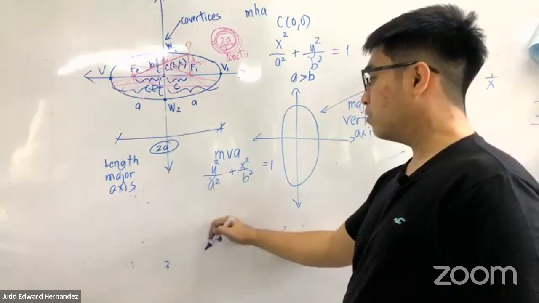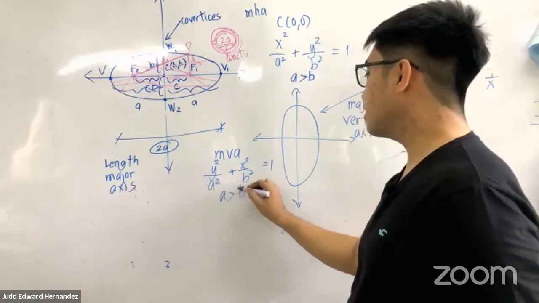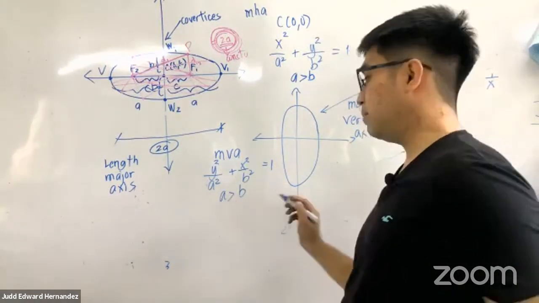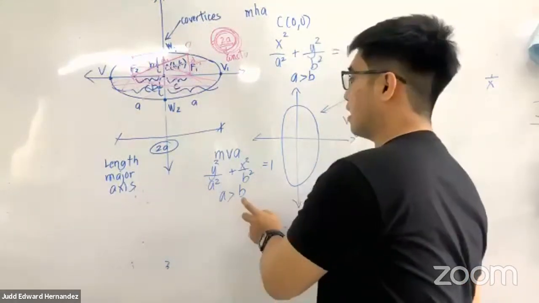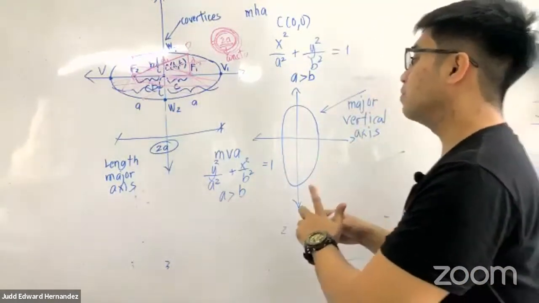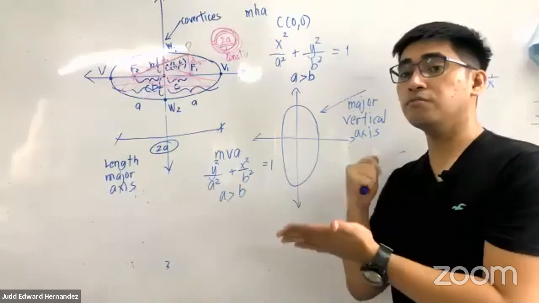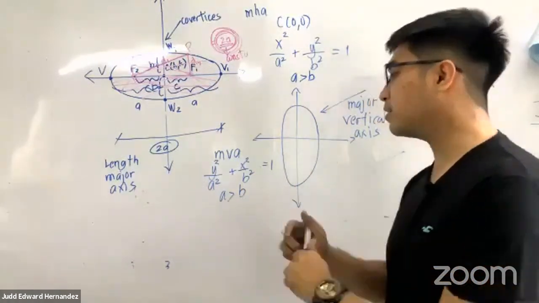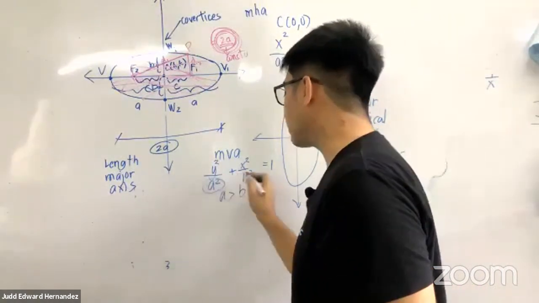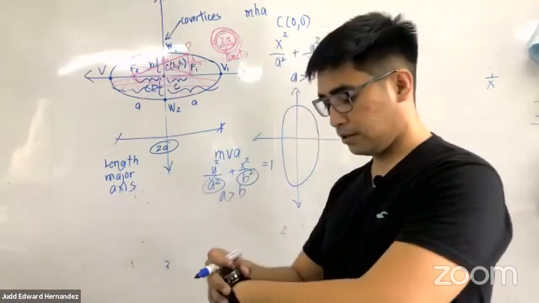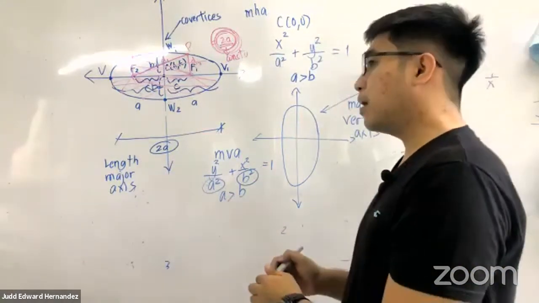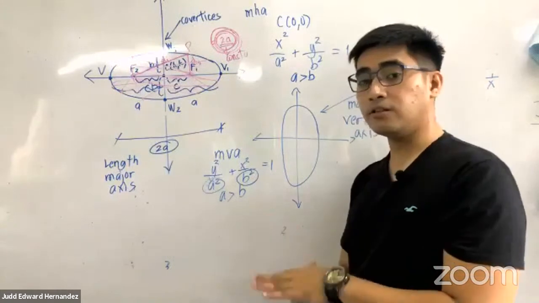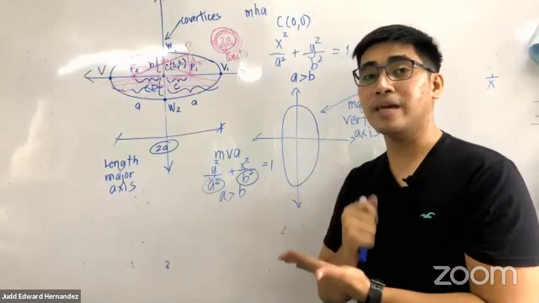Why? Bakit daw ganito? Kasi a is greater than b also. Ibig sabihin, mas malaki si a kaysa sa b. At tatandaan nyo, malalaman agad natin kung sino yung major axis sa pamamagitan ng denominators ni y squared at ni x squared. Kung sino yung kasama ng mas malaking denominator, that is always the major axis.